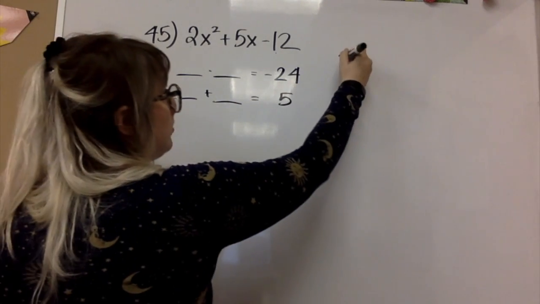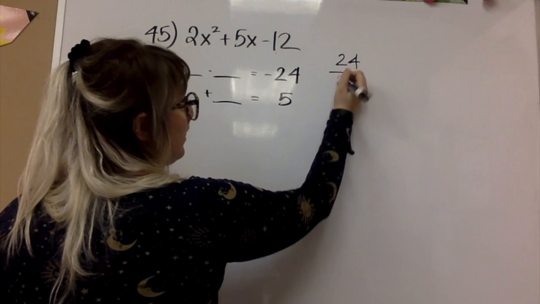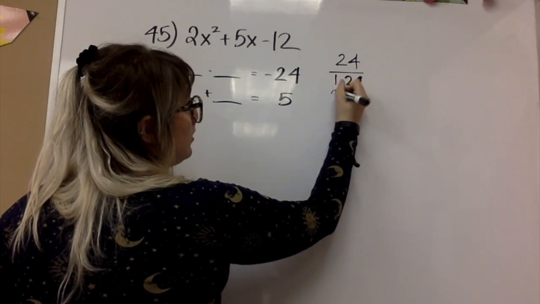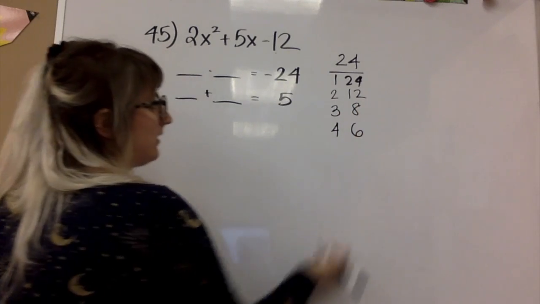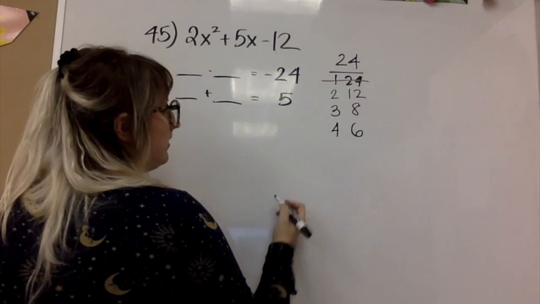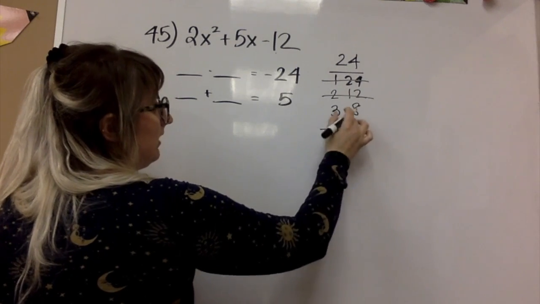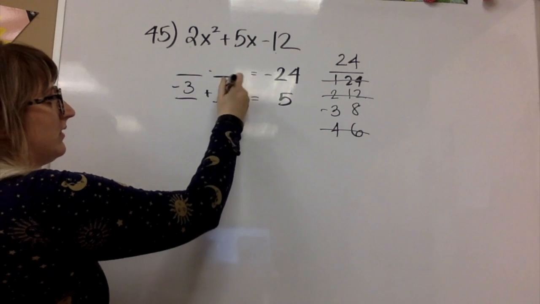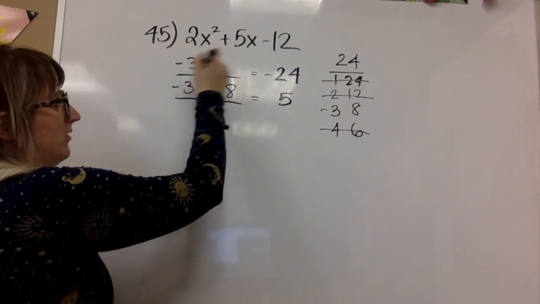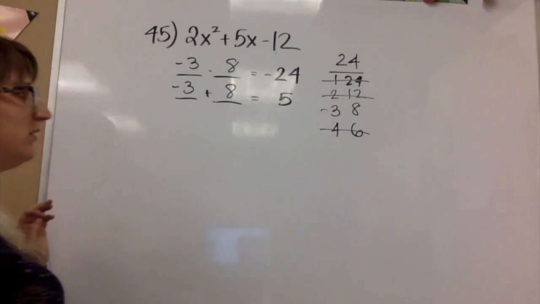Well, if I look at the factors, I've got 1 and 24, 2 and 12, 3 and 8, and 4 and 6. So I can't make 5 with this one, or this one, but I can with this one if the 3 is negative. So negative 3 plus 8 is 5, and negative 3 times 8 is negative 24.